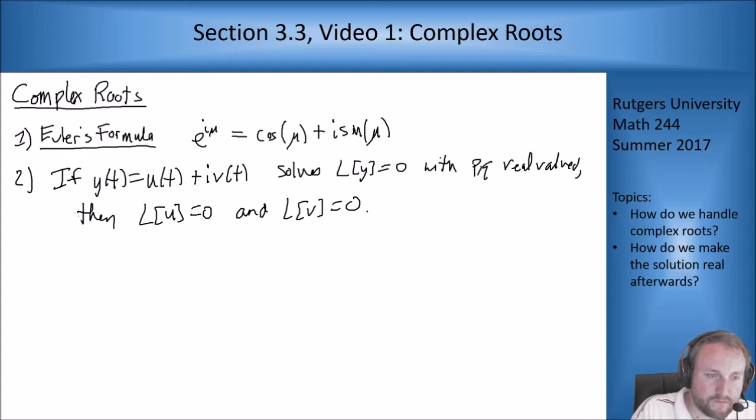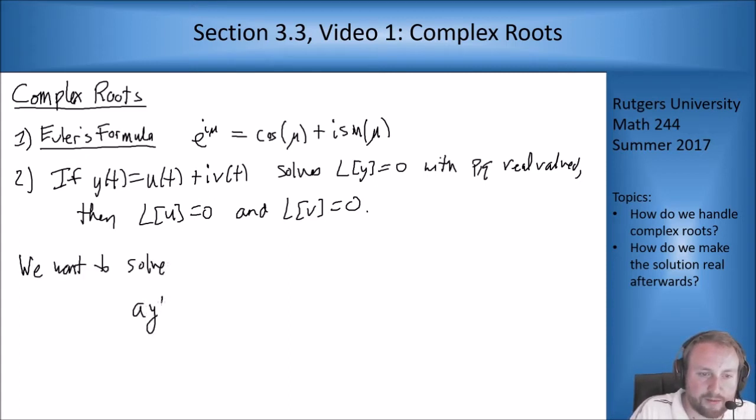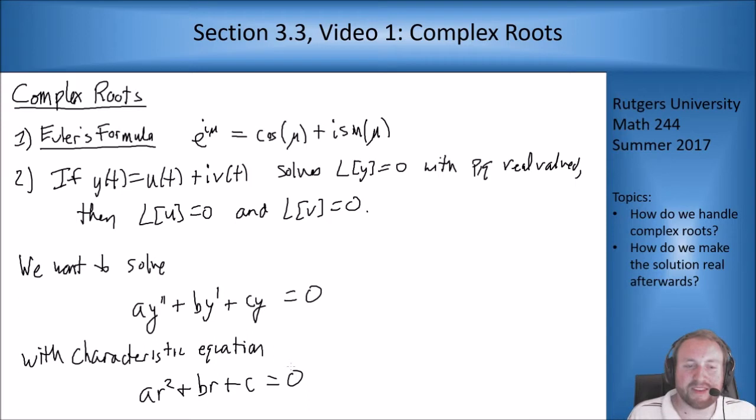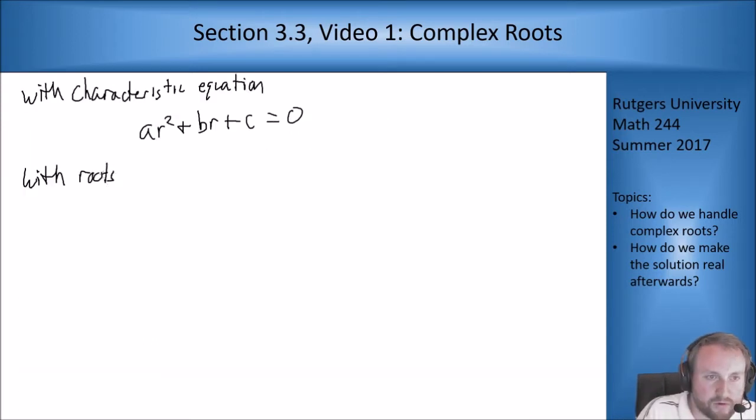We want to solve the ODE a y double prime plus b y prime plus c y equals 0. This has characteristic equation a r squared plus b r plus c equals 0. We're going to assume that this characteristic equation has two complex conjugate roots, which we're going to write as r equals lambda plus or minus i mu.